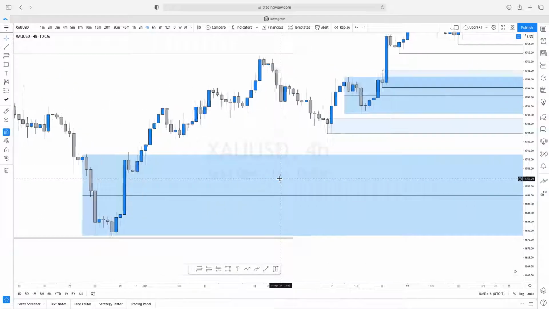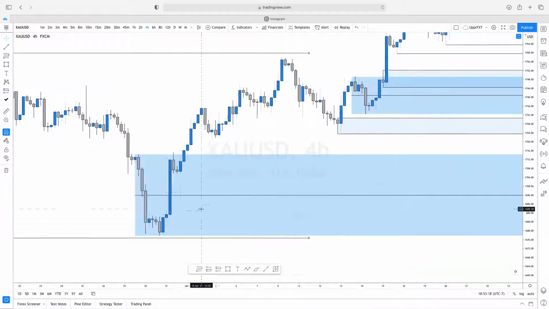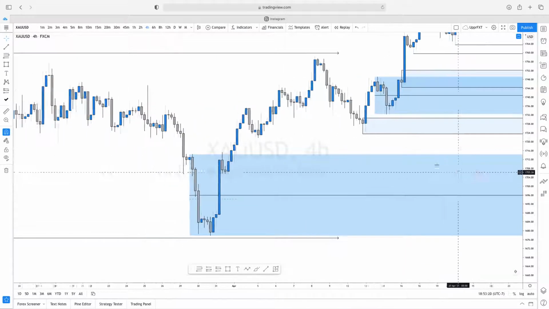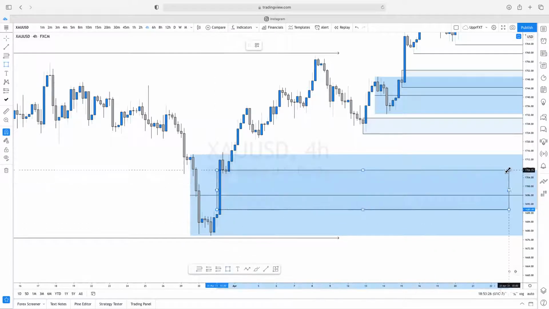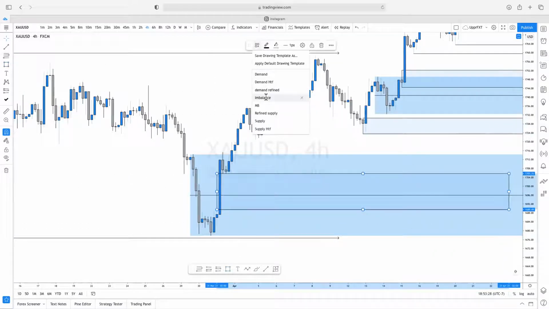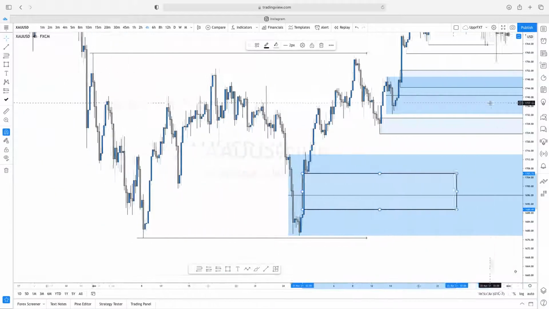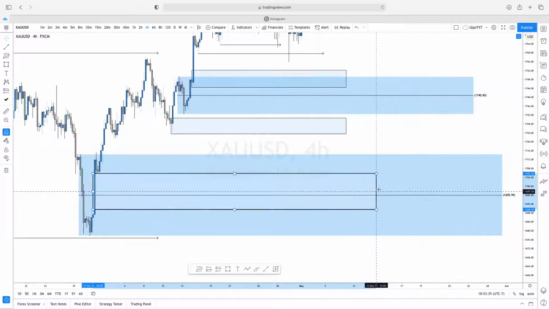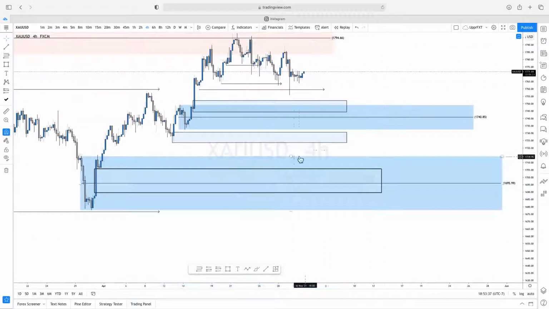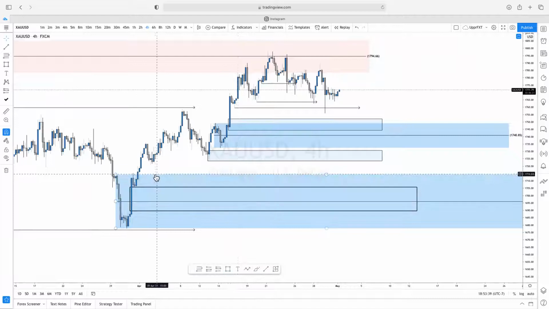I'm not going to mark that, but back down to this overall level. Not only do you have a level of demand, you have your 50%. What I've been talking about all video are imbalances. Really looking for those imbalances. If you have an imbalance in your point of interest, that should be an extra confluence to your trade.